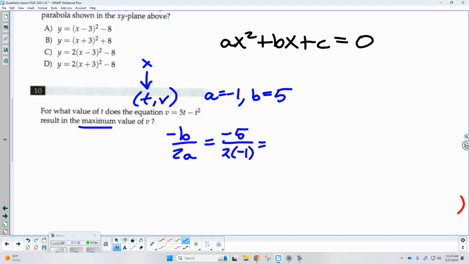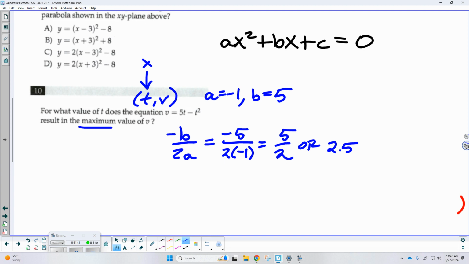So it looks like I'm going to have +5/2. Or if you wanted to convert that to a decimal, I could say 2.5. That should give me the corresponding y value in this case, which would be the maximum. Any questions on this one?